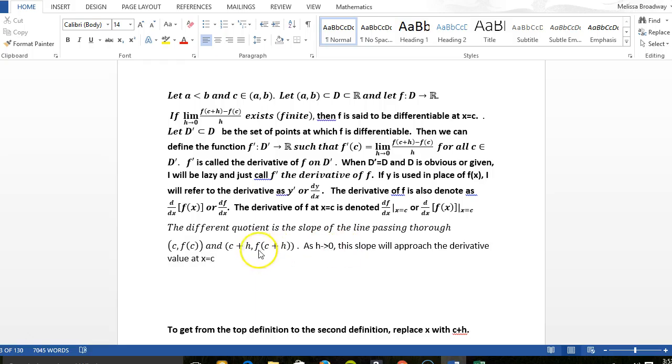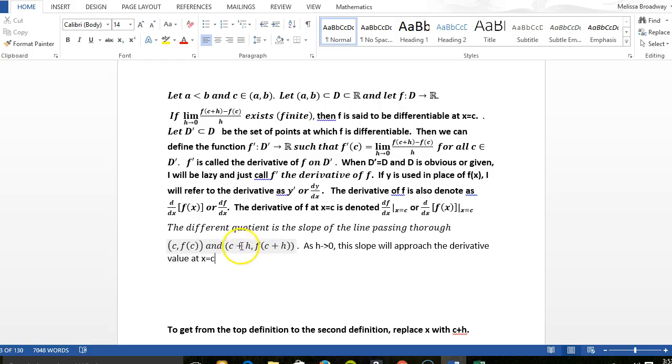Because what's happening is, as h zeroes in on 0, this coordinate is moving. We're letting this coordinate move because h is moving. If h is moving in on 0, it doesn't matter if it's from the left or right. H doesn't have to be positive after all.